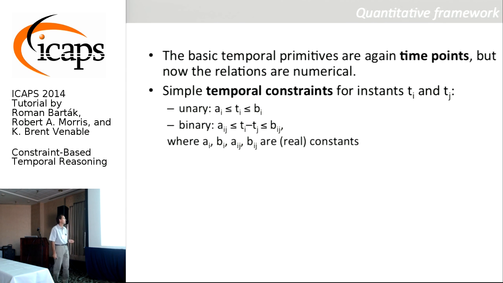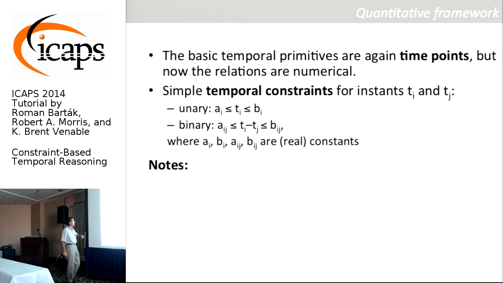So we specify an absolute relation, which is not really absolute because it's relative to midnight, as I will show you in a minute. Or we can describe temporal distance between time points. The minimum distance, Aij, or the maximum distance. So something happened at least 10 minutes and at most 20 minutes after I finished breakfast, right?